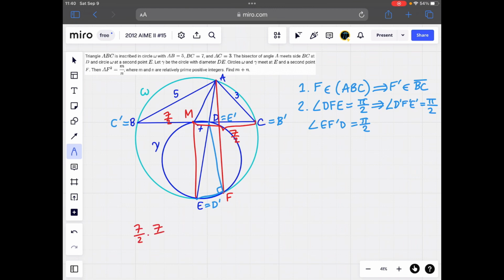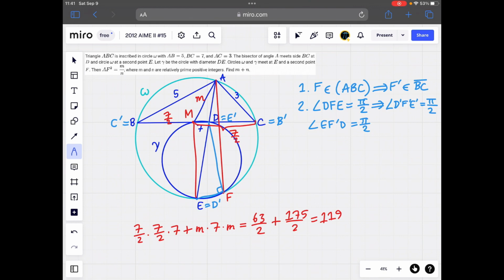We know that 7 over 2 times 7 over 2 times 7 plus AM, let's call that little m, little m times 7 times m equals 3 squared times 7 over 2, which is 9 times 7 over 2, or 63 over 2, plus 5 squared times 7 over 2, which is 25 times 7 over 2, or 175 over 2. And this is equal to 238 over 2, which is 119.